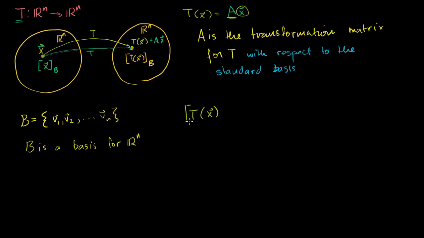So if I represent the mapping of x in our codomain in coordinates with respect to B, that's what that is right there. If I want to represent that dot with this other coordinate system, with coordinates with respect to this basis, it should be equal to the product of some other matrix.